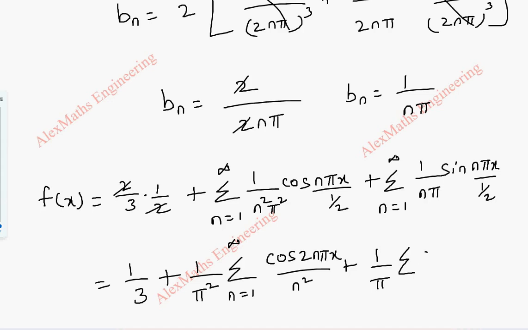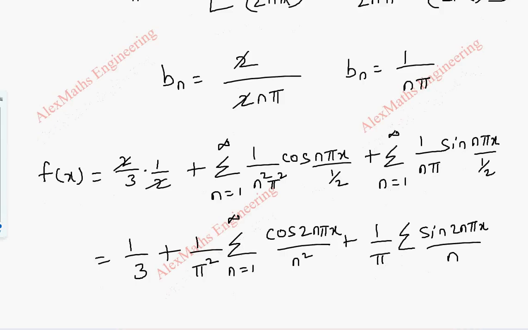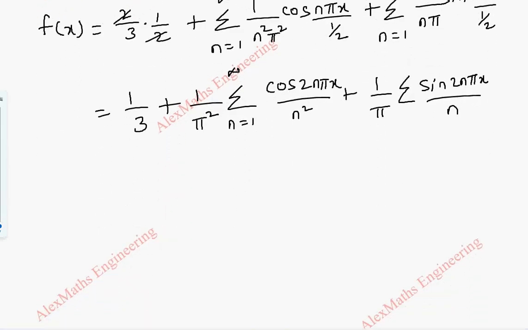Even here sin 2n pi x by n. Now in any case, when I expand, that is n is equal to 1 to infinity, whatever we put for this n, let's expand it.